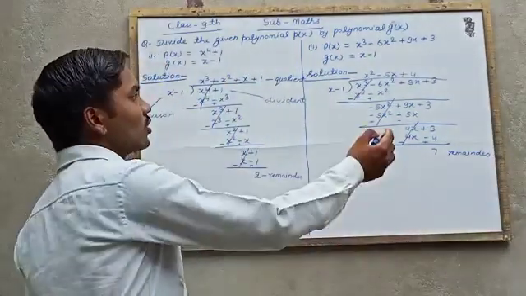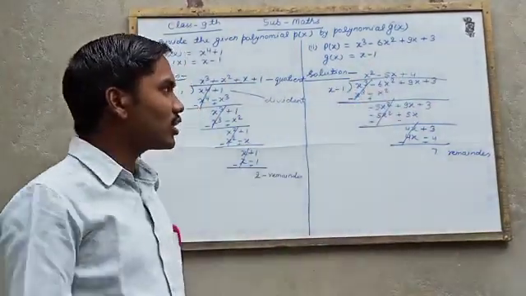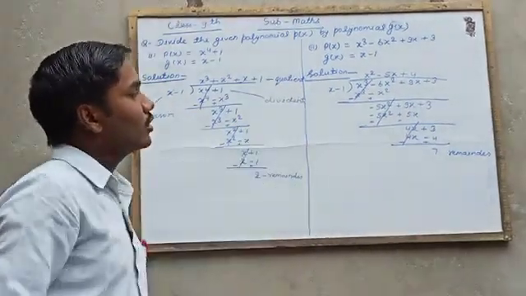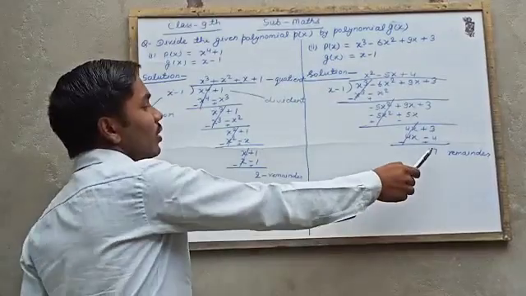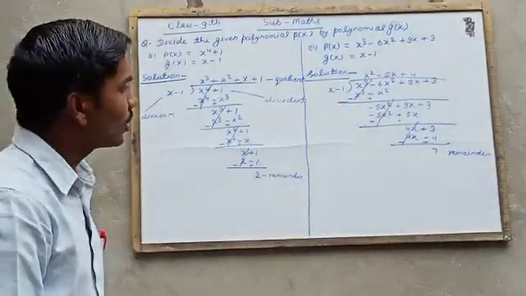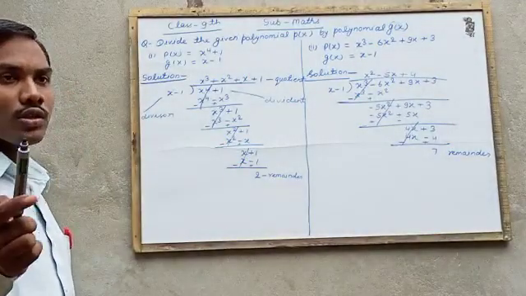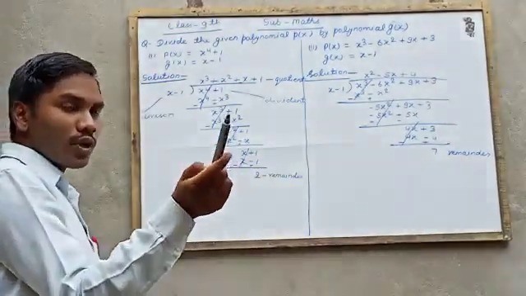So in this case we got the quotient as x square minus 5x plus 4, the divisor is x minus 1, and the remainder is 7. So you always have to eliminate one term.